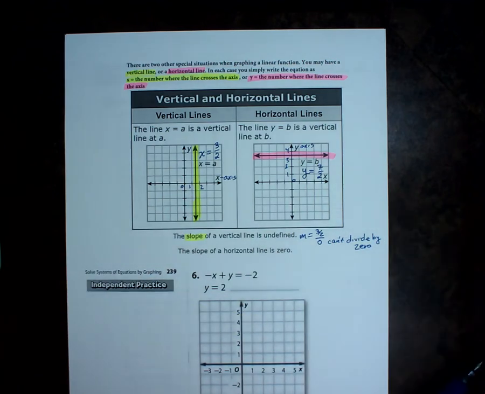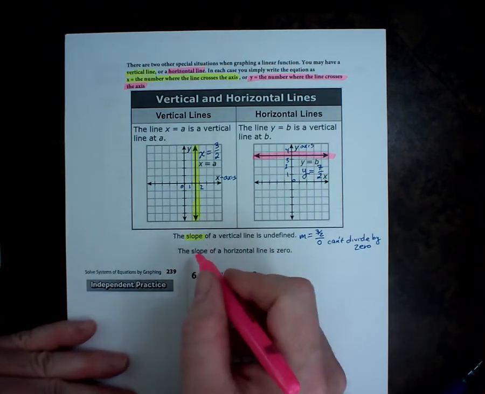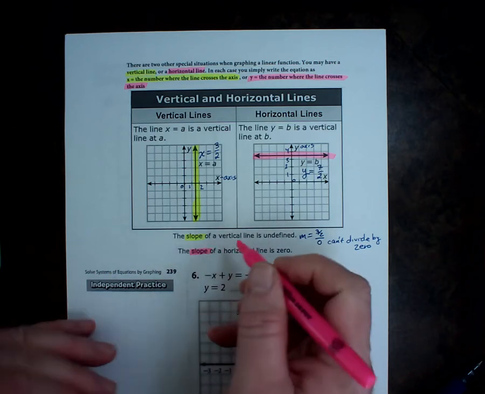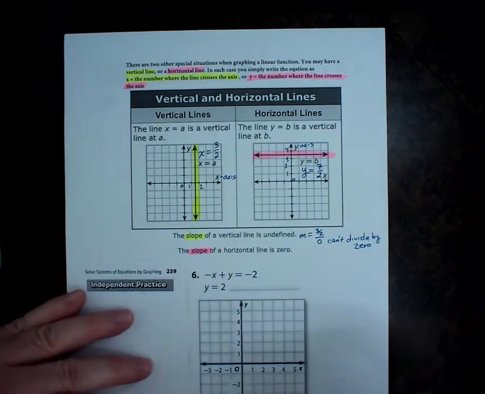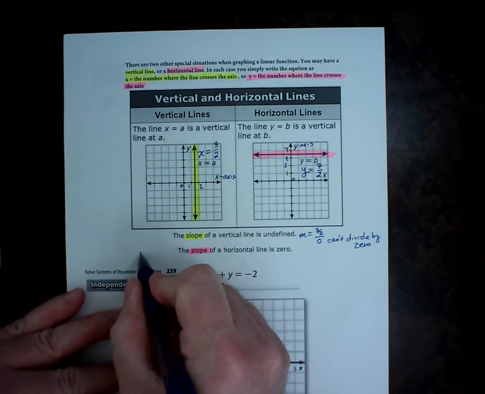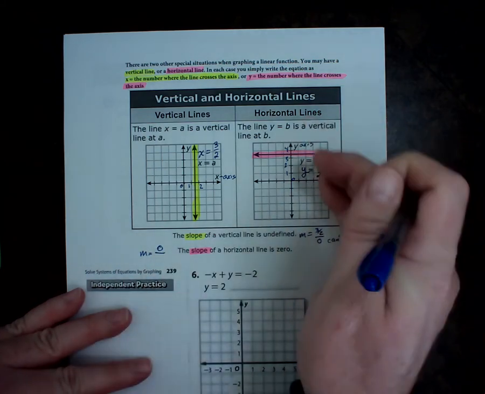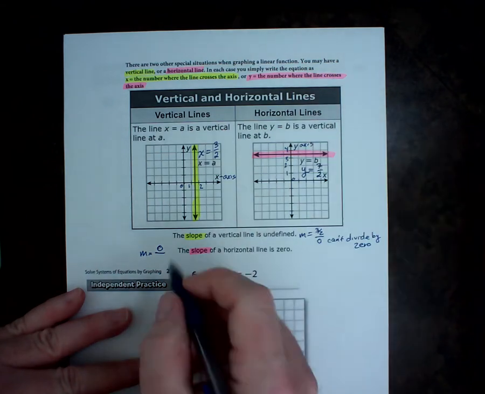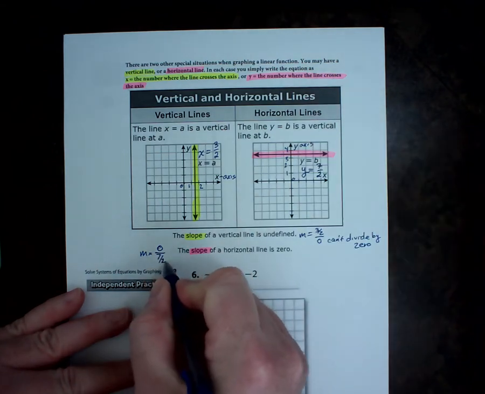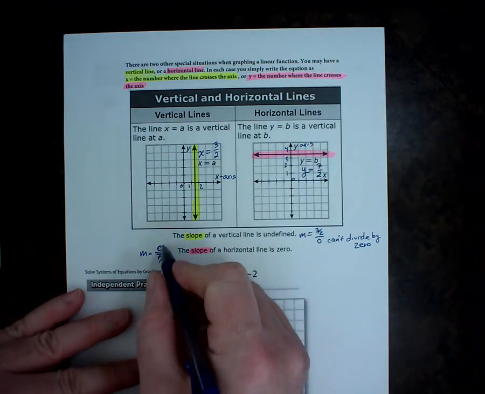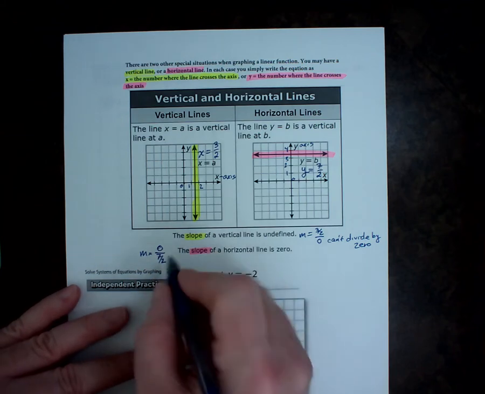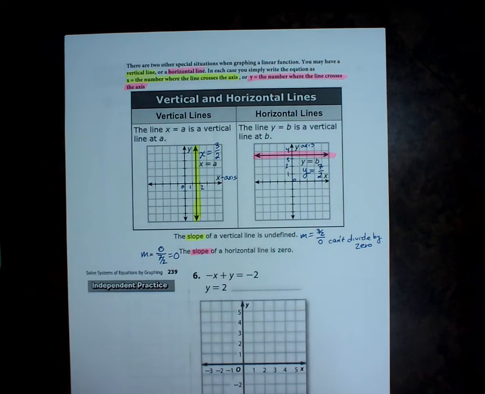So here we have the slope of the horizontal line is 0. Well, that's okay because here we have the slope equals 0. It doesn't change in the y direction, but in the denominator you have 7/2. That's okay. You can do 0 divided by 7/2, which equals 0.